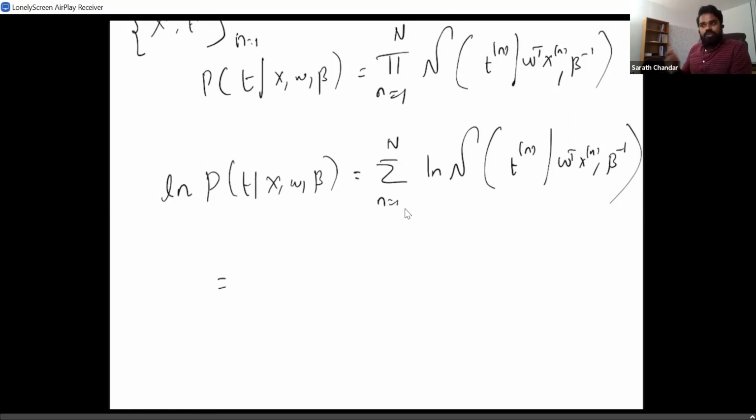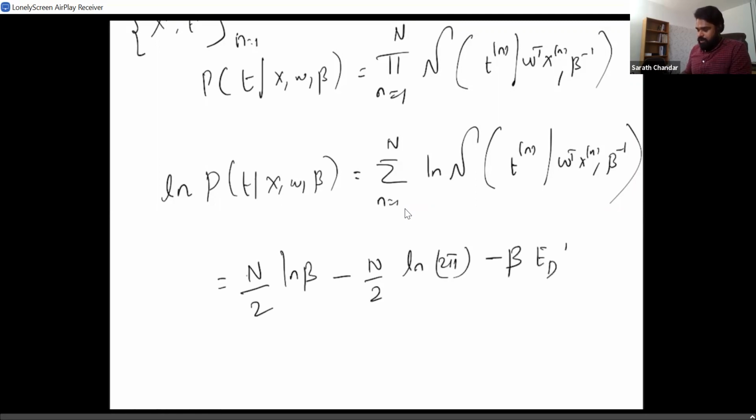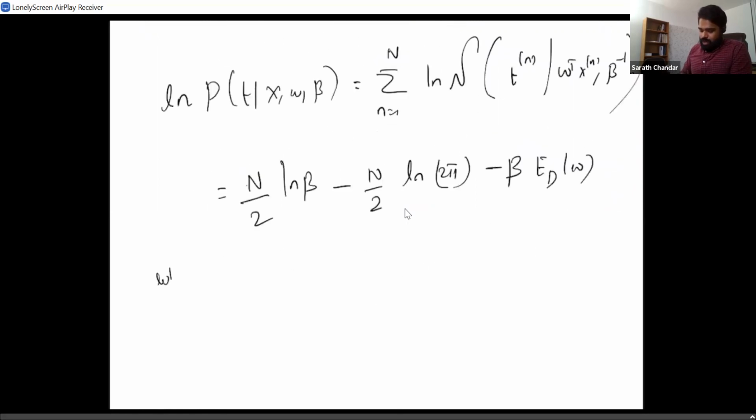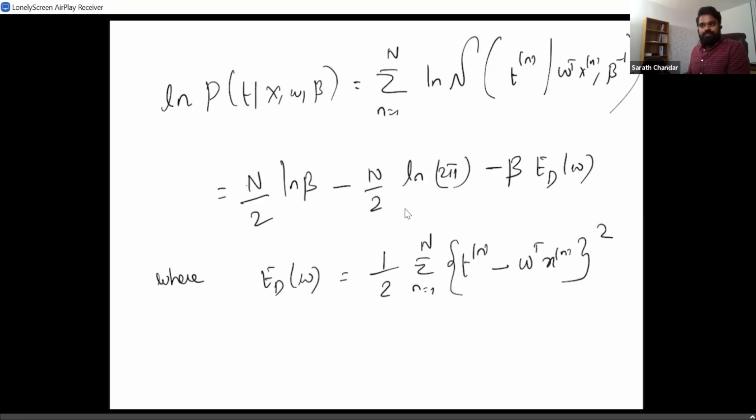When you substitute the PDF of the Gaussian here, you are going to get something like this: N by 2 ln beta minus N by 2 ln 2 pi minus beta times ED of w, where ED of w is given by 1 over 2 summation over n equal to 1 to capital N of tn minus mu, the whole square.